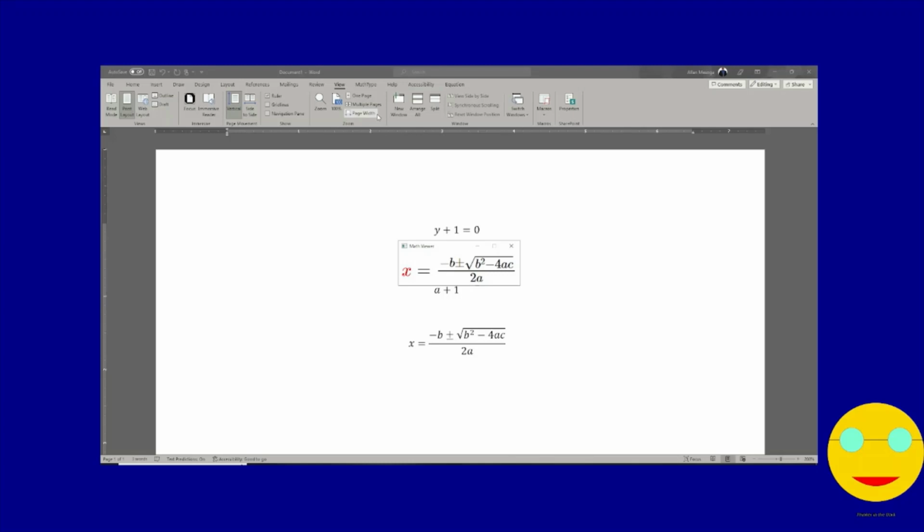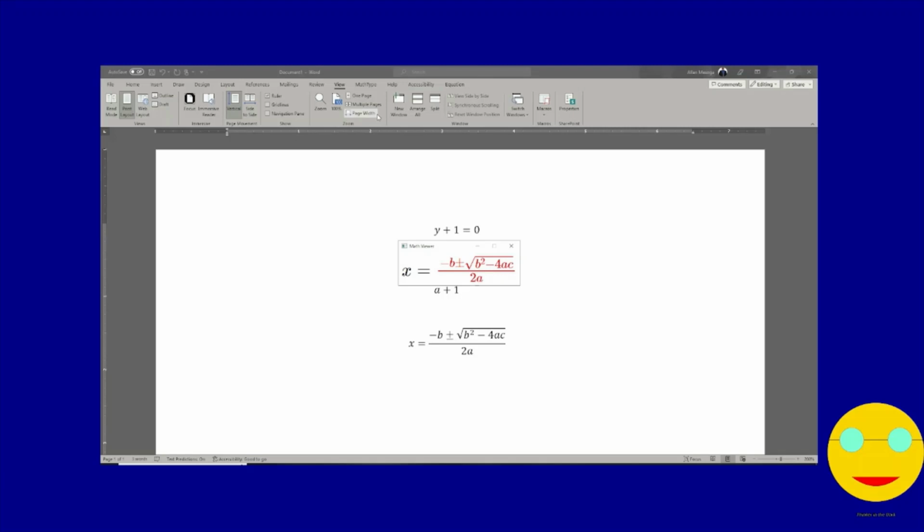Then, our Math Viewer will open. So, in this window, you can use left or right arrow to navigate or read your equation. For example, x equals negative b plus or minus the square root of b squared minus 4ac over 2a.